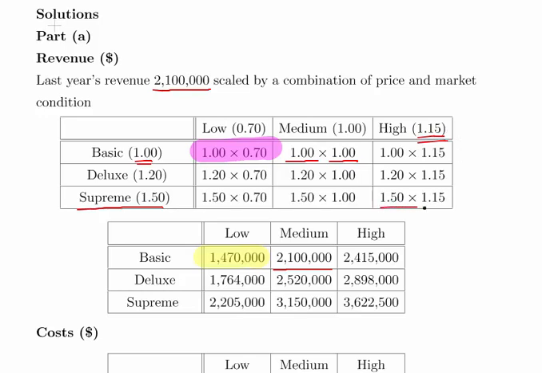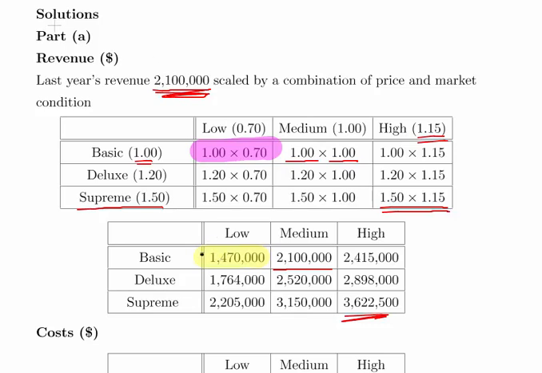That means the revenue will increase by this factor here, 1.5 times 1.15. So essentially what would happen in this scenario is that the revenue jumps from 2.1 million to 3.62250. Okay, so essentially this is an important step.